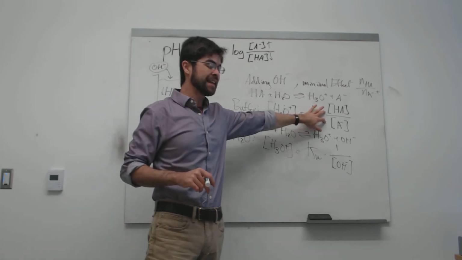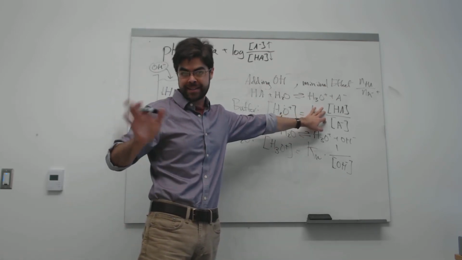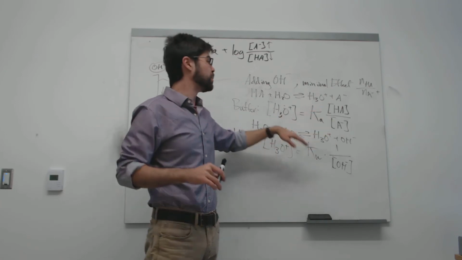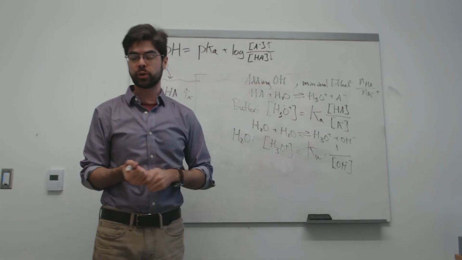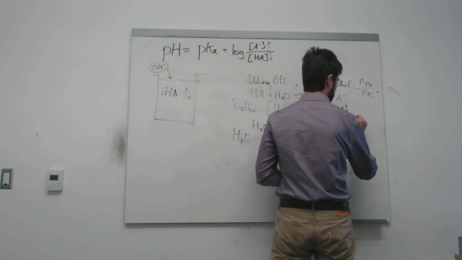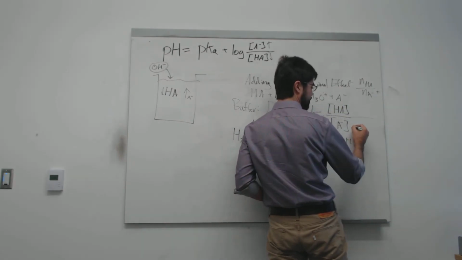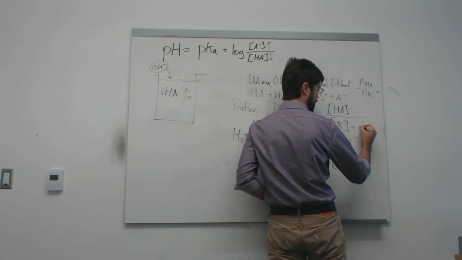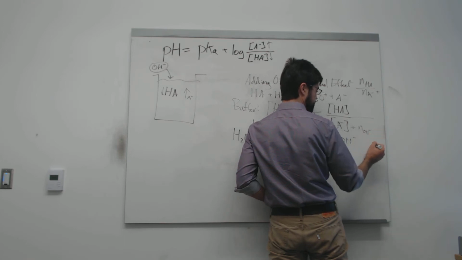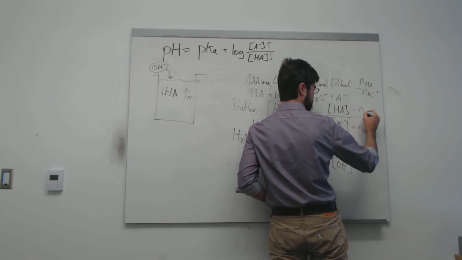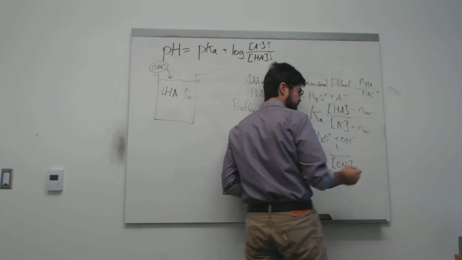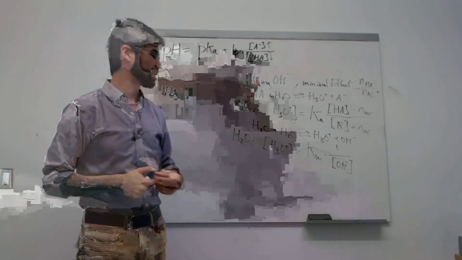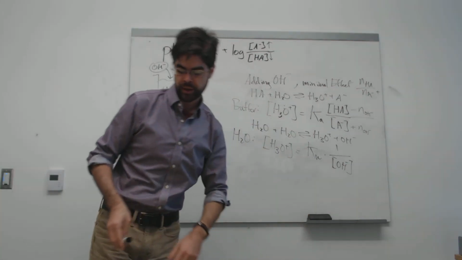That proportion is disturbed by the addition of hydroxide, but this one is going to increase by however many moles of hydroxide I add, and this one is going to decrease by however many moles of hydroxide I add.